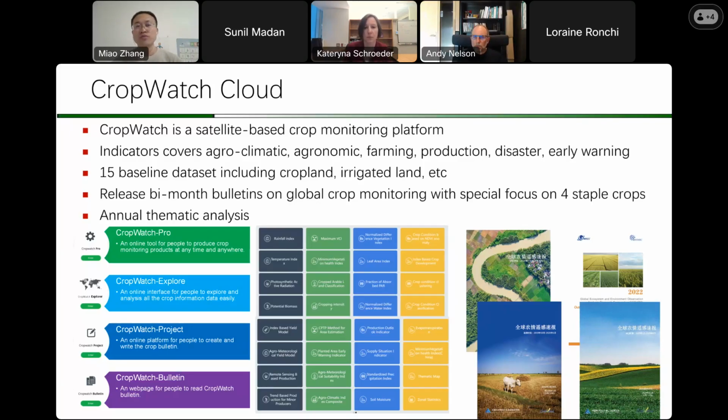So every 2 months, we release a bulletin to monitor global crop condition and to provide an outlook for the 4 major crops: wheat, maize, soybean, and rice, at global scale and for the major agriculture producing countries. And every year we also integrate the quarterly or bi-monthly bulletins together to formulate annual thematic analyses. And all those reports are freely accessible by all users.